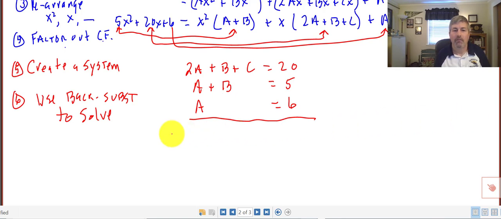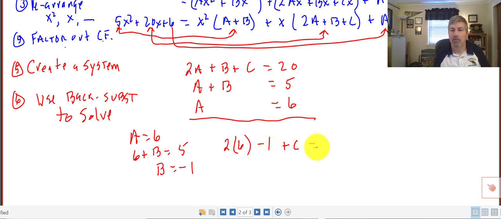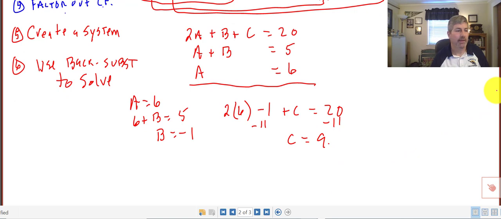So we know if a equals 6 and a plus b equals 5, so 6 plus b equals 5, so b must equal -1. And substituting into our top equation, a is 6, so 2 times 6, minus 1, plus c equals 20. So 12 minus 1 is 11, so if I subtract 11 from both sides, I get c is equal to 9. So now I have my values of a, b, and c, and I can write my final answer.